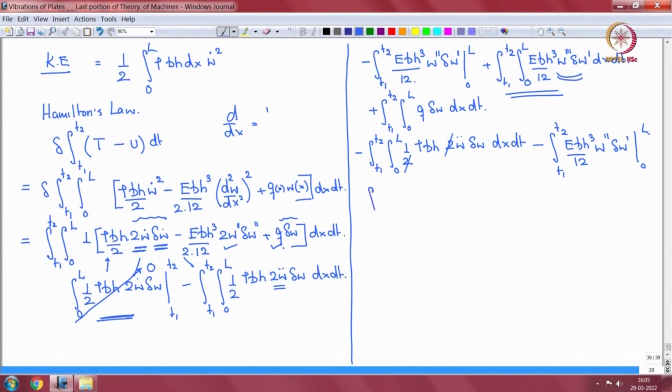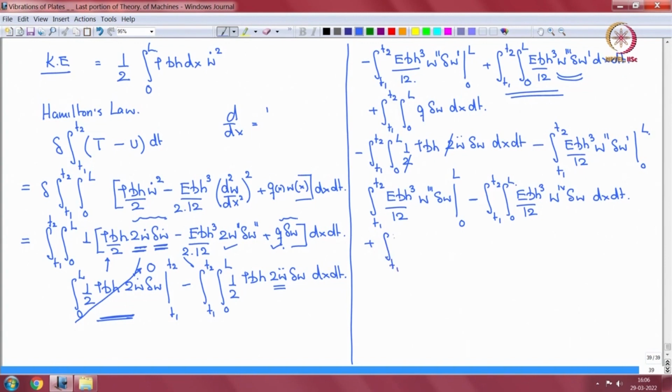So I get integral t1 to t2 ebh cube by 12 w triple dash delta w from 0 through L, minus an integral t1 to t2, 0 through L, ebh cube by 12 w fourth derivative delta w dx dt, plus integral t1 to t2, 0 through L q delta w dx dt.